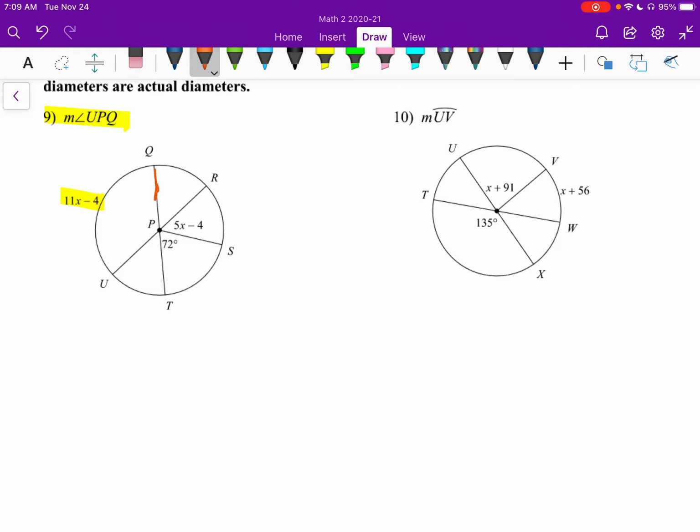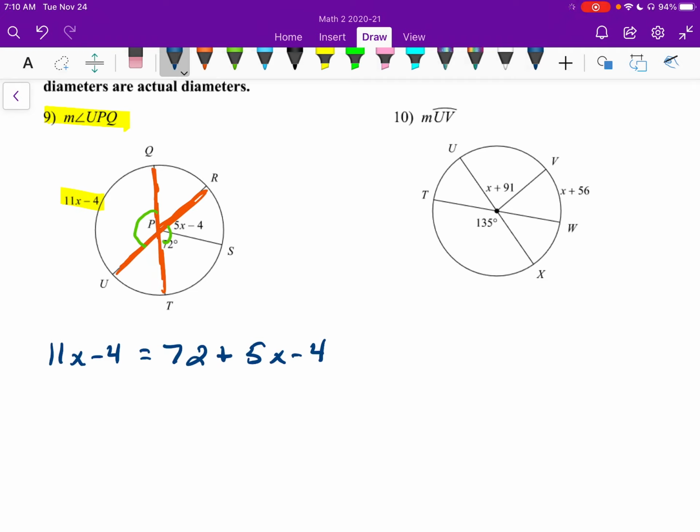If I were to draw in diameters here, right there, and right there, then I'd have big vertical angles. I have a vertical angle there and a vertical angle there. So I know that those are equal. So I could say, well, 11x minus 4 equals 72 plus 5x minus 4.